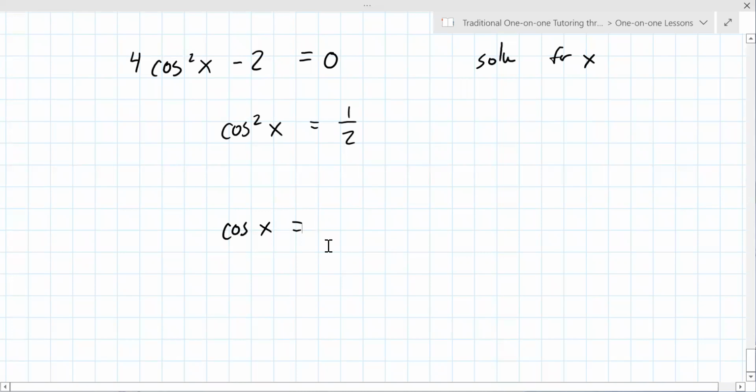Okay, what is the cosine? There's 2 cosine x equations. What's the one on the left and the one on the right? One's negative square root 1/2. Okay, but what is that? The square root of 1/2 is not on your unit circle, but the reduced version of this one is.